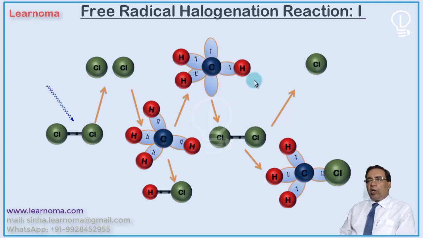Now this methyl radical is also of high energy, because the energy resulting from the HCl bond formation, as well as from the chlorine, passes to the methyl radical. And now the methyl radical is a very, very active and dominating reactive species in the reaction mixture.